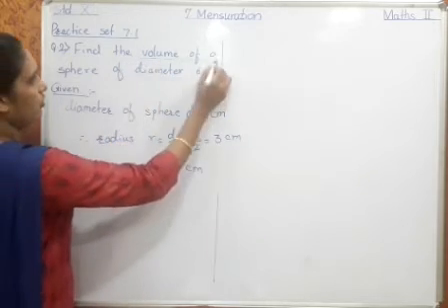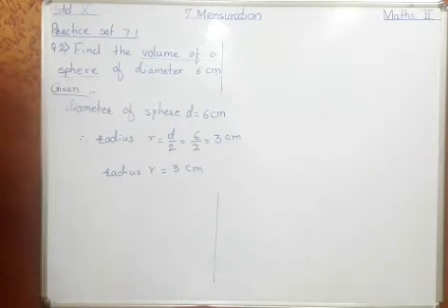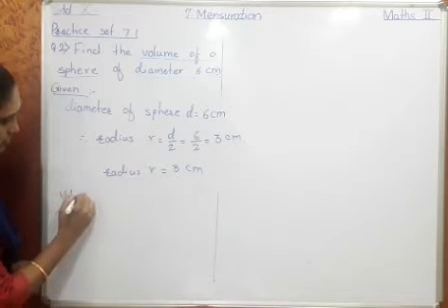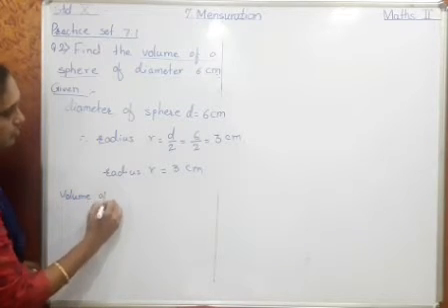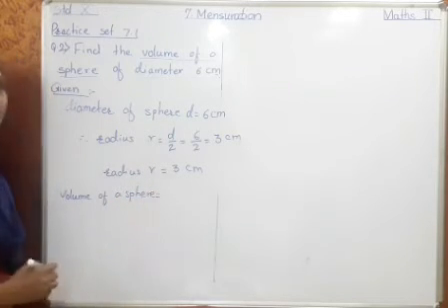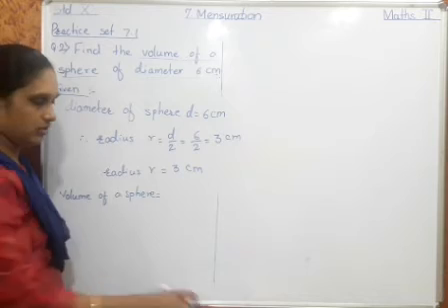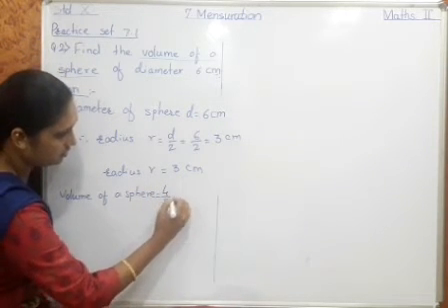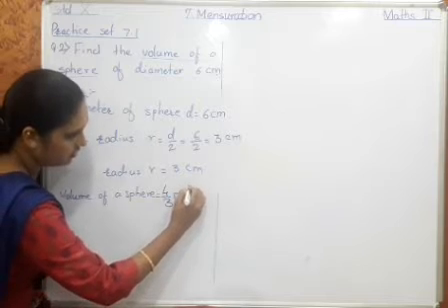Now what to find? Find the volume of a sphere. So we'll write the question: volume of a sphere. Now students, what is the formula for the volume of a sphere? Volume of a sphere is 4/3 pi r cube.